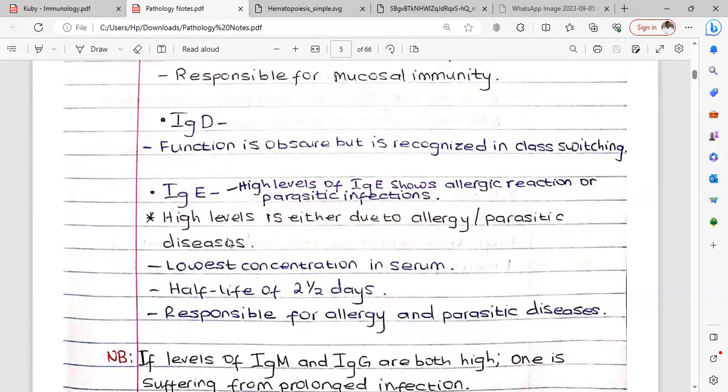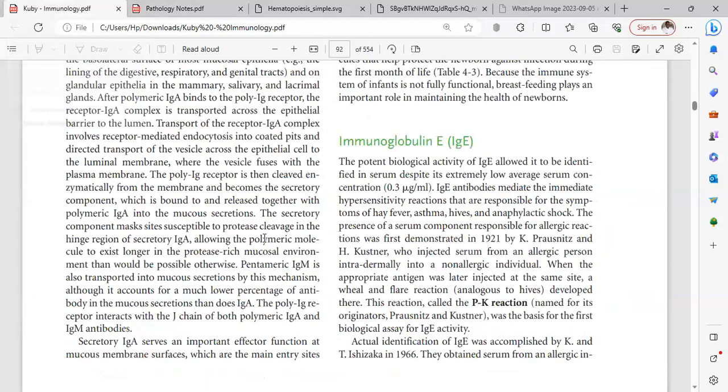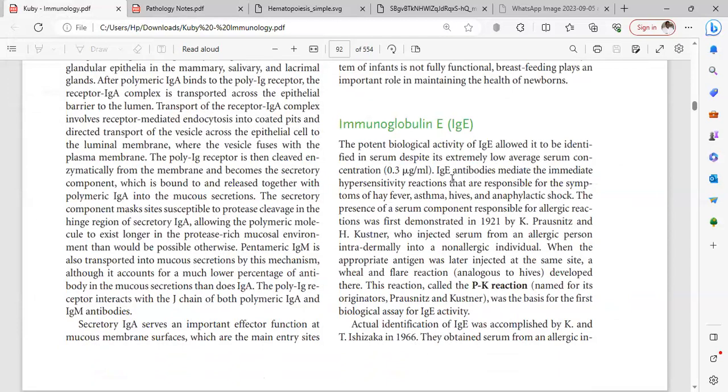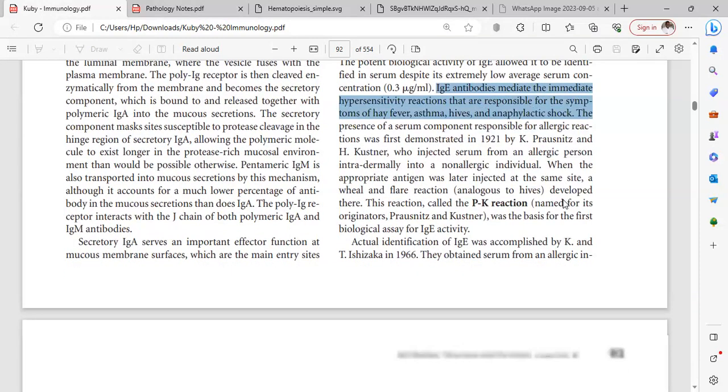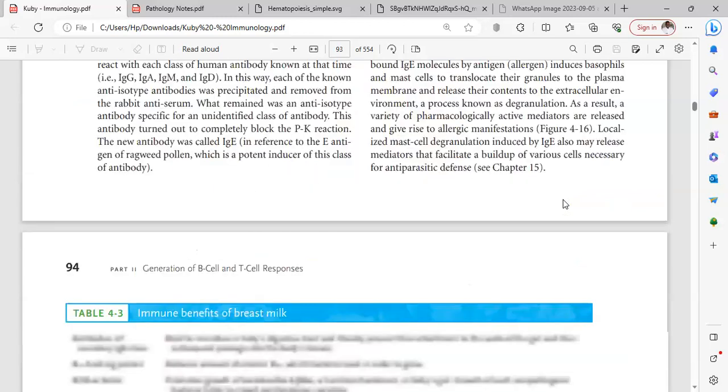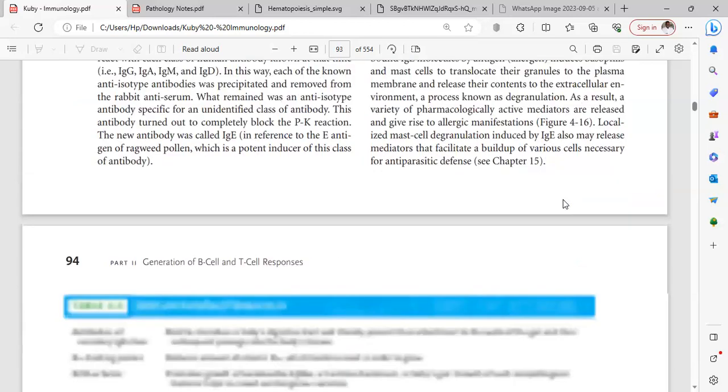IgE has the lowest concentration in serum, and the half-life is about 2.5 days. IgE antibodies mediate the immediate hypersensitivity reactions responsible for symptoms such as asthma, hives, and anaphylactic reactions. So that's basically IgE, unless someone has anything to add.